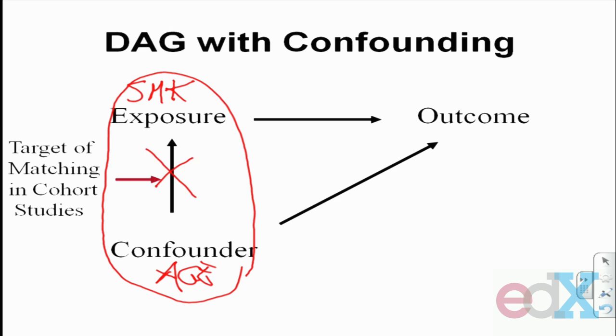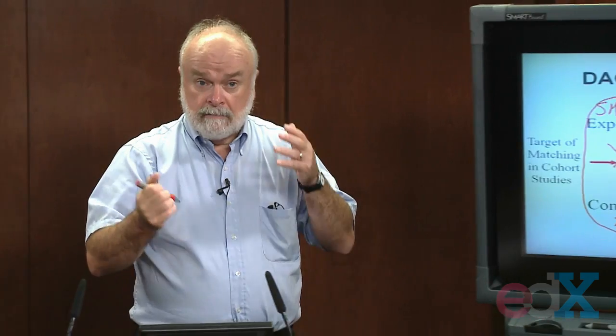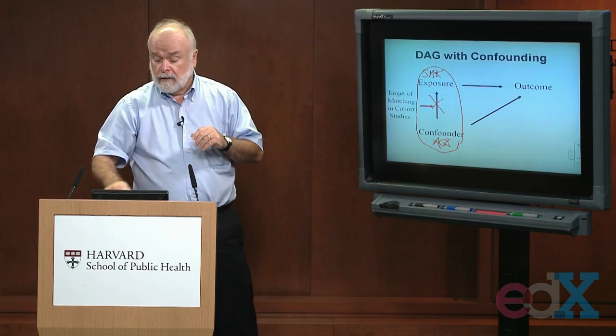That relationship that a confounder has to have to the exposure will not happen in that data set. Therefore, matching with a fixed matching ratio like one non-smoker to every smoker will avoid confounding in cohort studies.